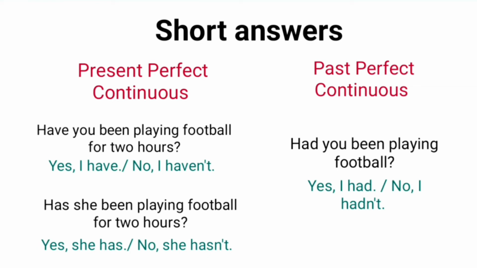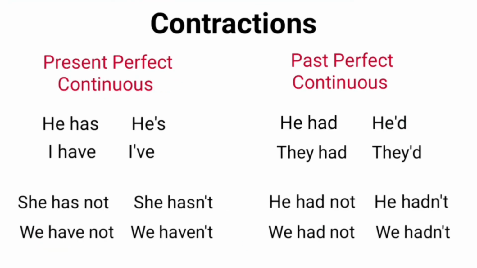Answer can be, yes, she has, or no, she hasn't. In past perfect continuous tense, for the question, had you been playing football? Answer is, yes, I had, or no, I hadn't. Here, haven't, hasn't, and hadn't are contractions which are only used in negative short answers.